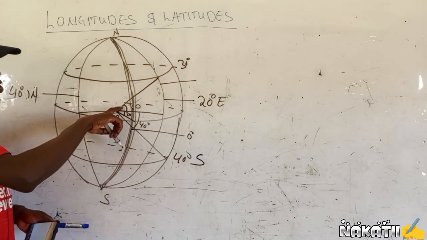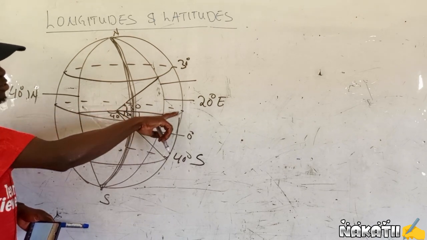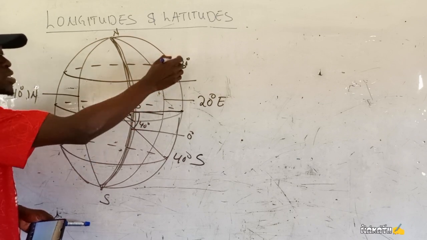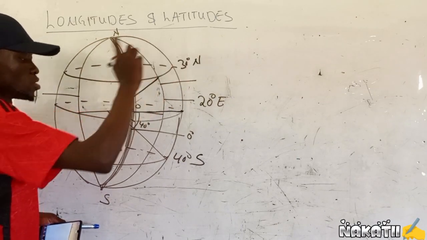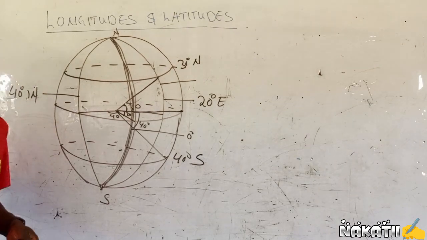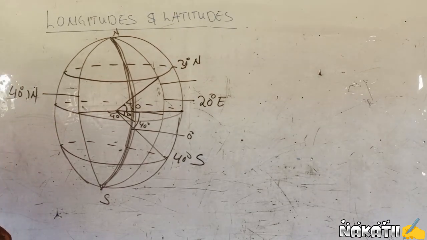And this angle here, if it is 30 from the equator, then we say this one is 30 degrees north of the equator. Therefore, the equator and the Greenwich meridian are very important in getting the position of latitudes and longitudes. Now, that is very important.